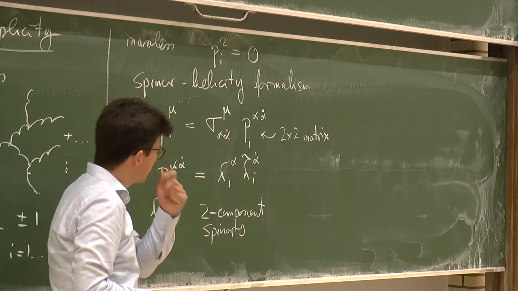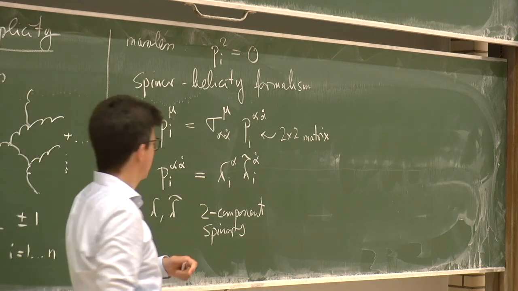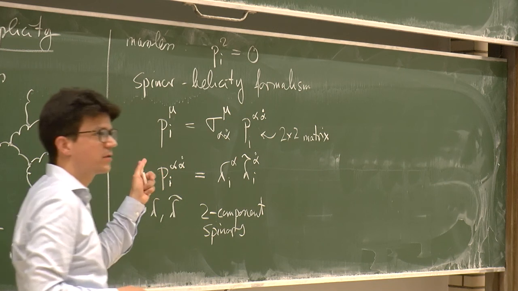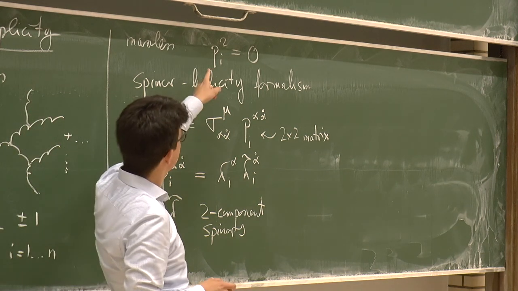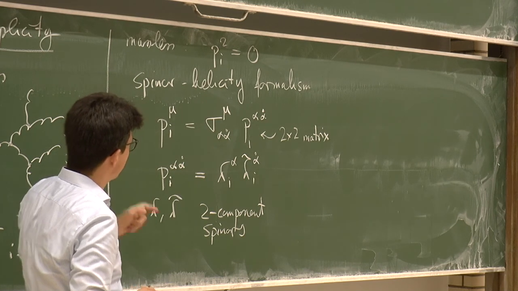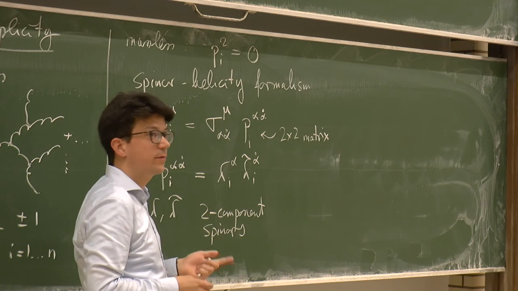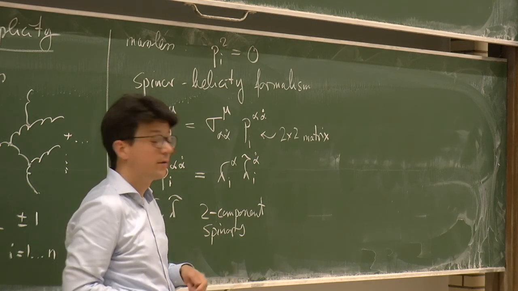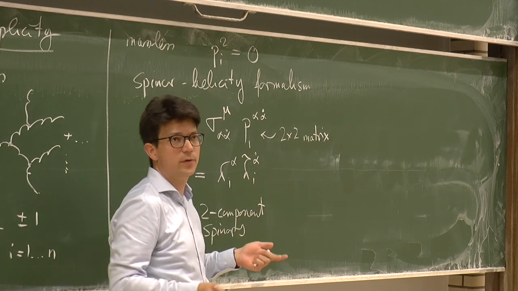Now you could observe that in a way I've cheated a little bit, because we started with 4 degrees of freedom, and I told you that the solution of this masslessness condition is to write the matrix in this factorized form. But now it looks like we still have 4 degrees of freedom, right? Because each of these lambda and lambda tilde have 2 components.